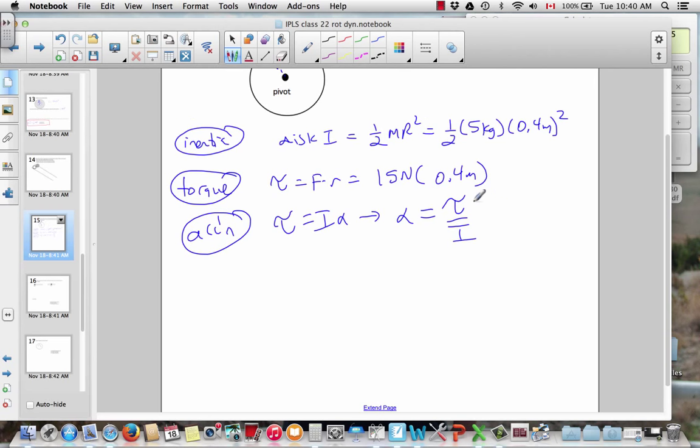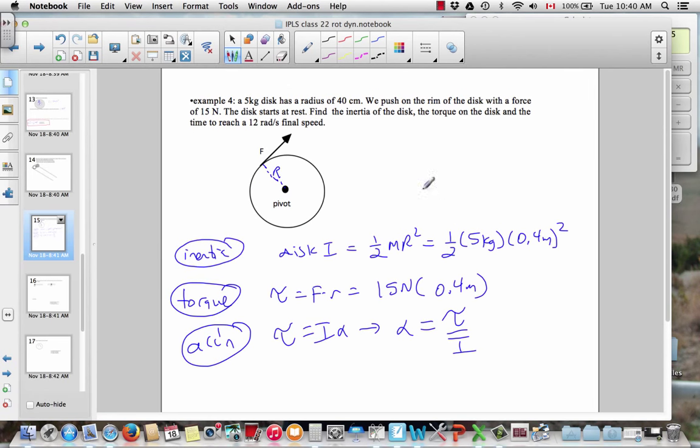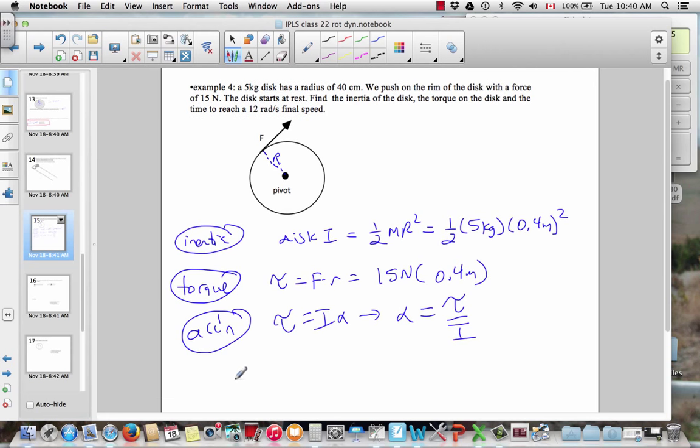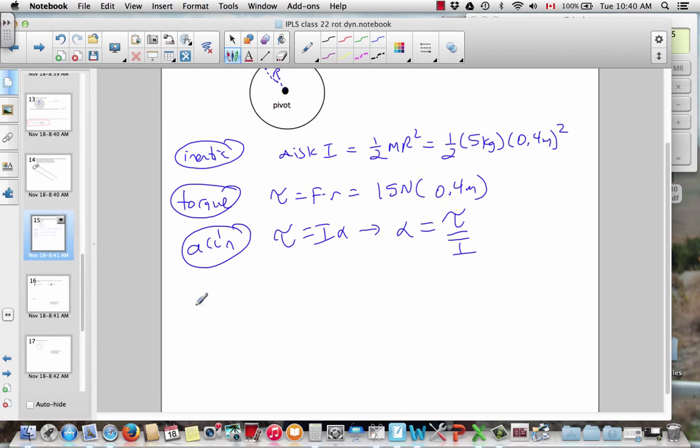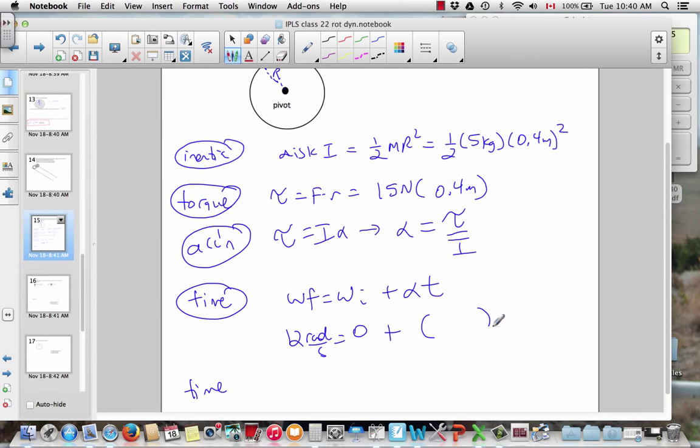And we're asked to find the time to reach 12 rads per second of final speed. Okay, so time, and we'll do that using kinematics.